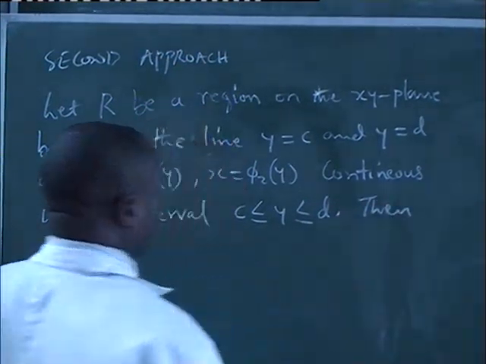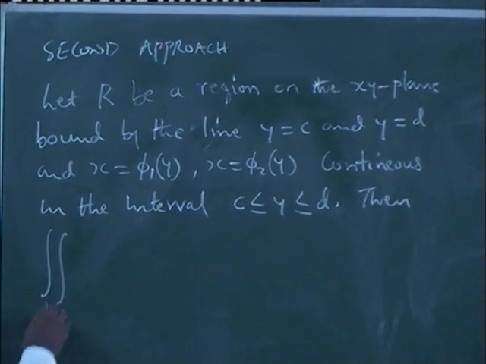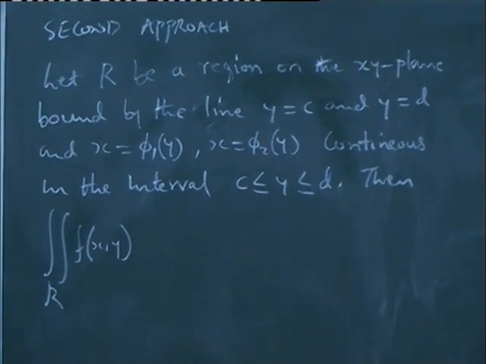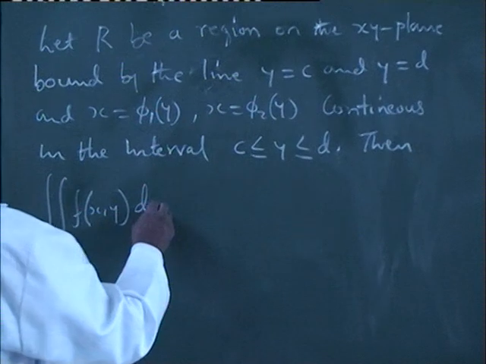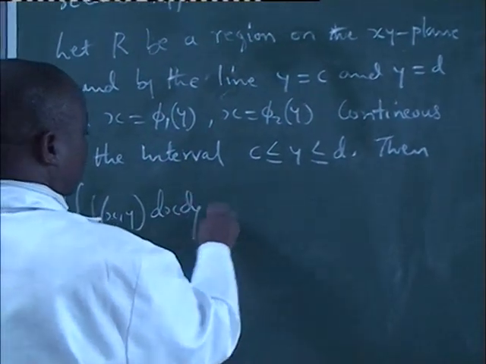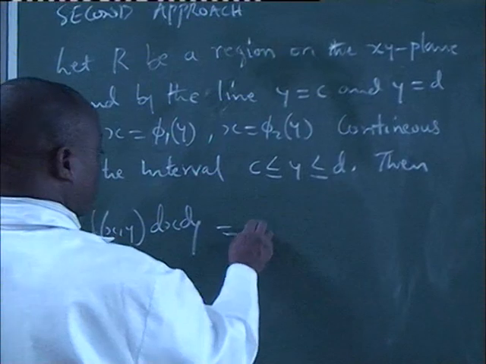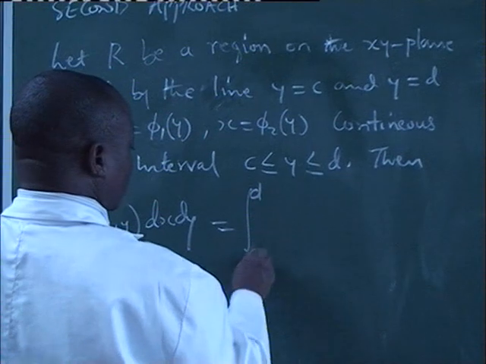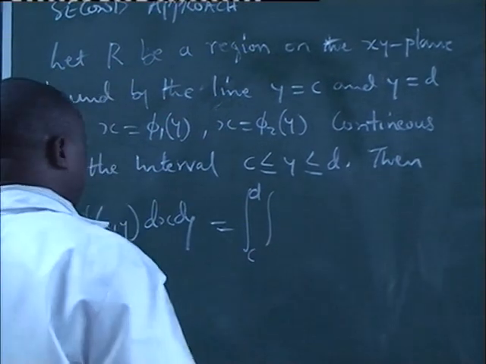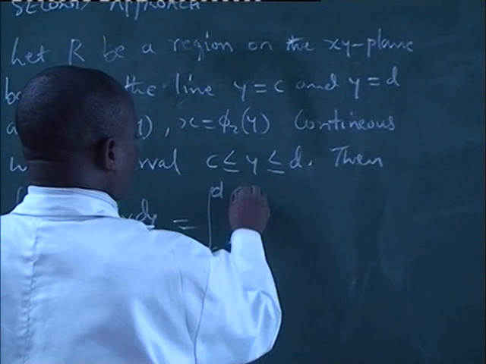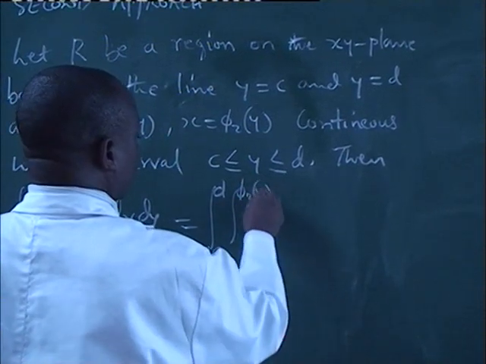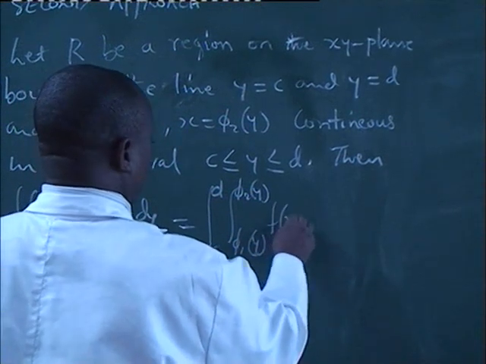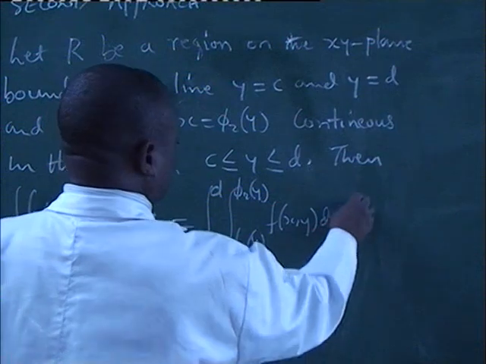the double integral over R of f of xy dx dy will be equal to the integral from c to d, and then the integral also from phi 2 of y to phi 1 of y, of f of xy dx dy.